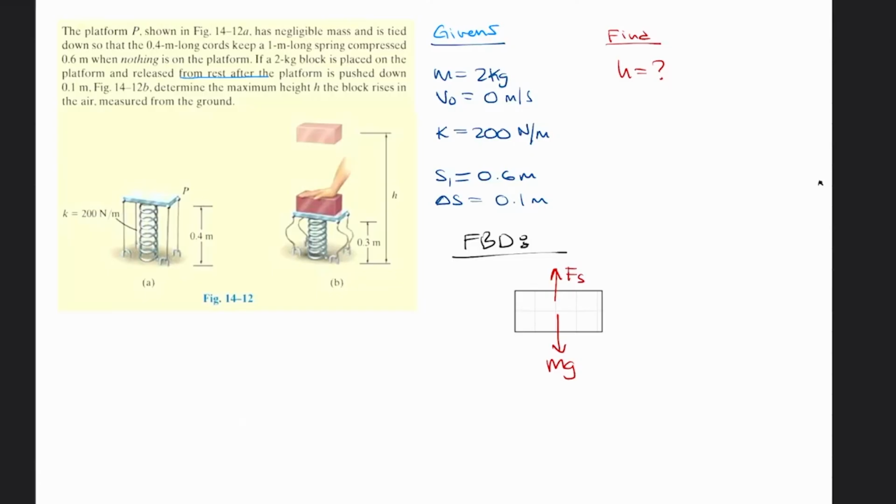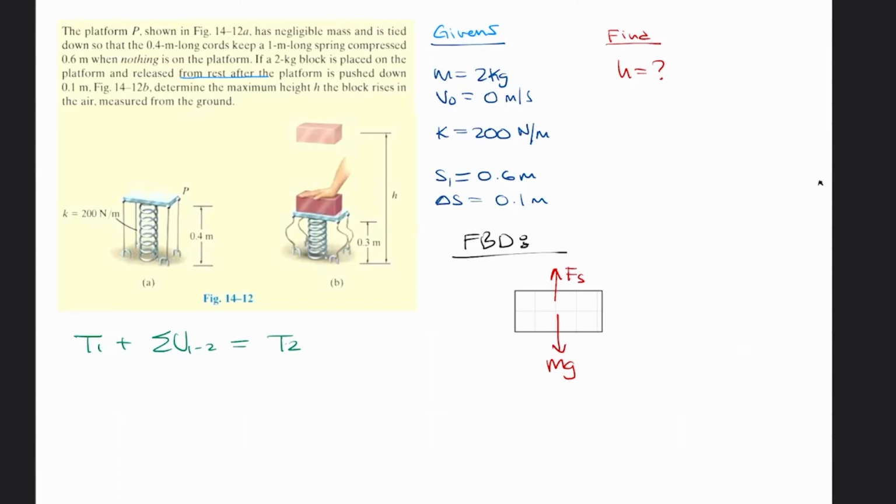So both forces are acting here, so they can do some work. Then, as always, the equation here is T1 plus the summation of work from state 1 to state 2 equals the kinetic energy at state 2.